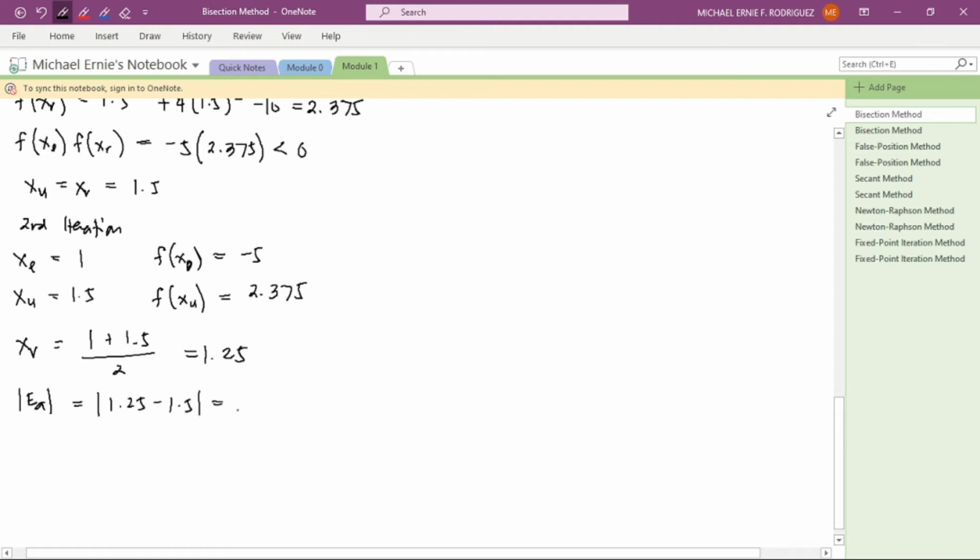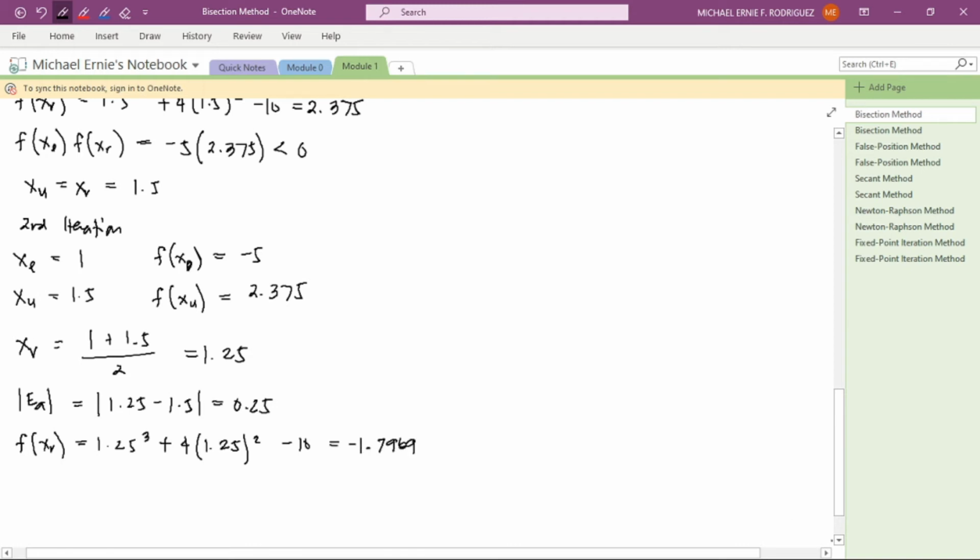That's equal to 0.25. And then, f of x sub r is equal to 1.25 cubed plus 4 times 1.25 squared minus 10 is equal to negative 1.7969.